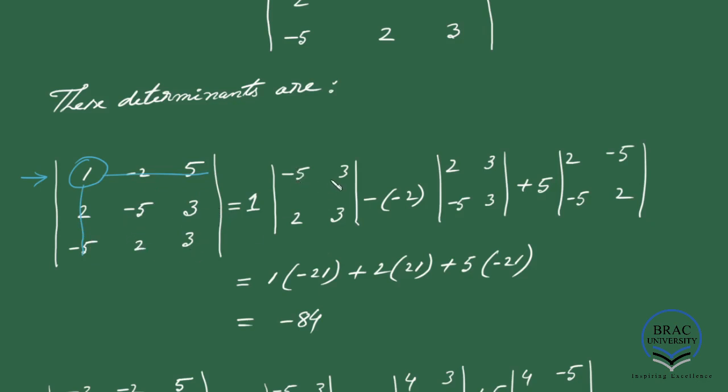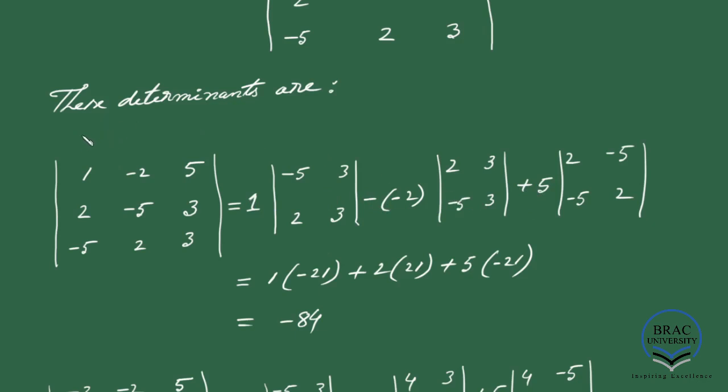So you take the determinant of -5, 3, 2, 3. And since we picked 1, we've written down 1. Now, in the next case, you write down a negative sign. This negative sign is coming from the formula. At first, positive. The second term is negative, and then the third term is positive. So that's the way it works.